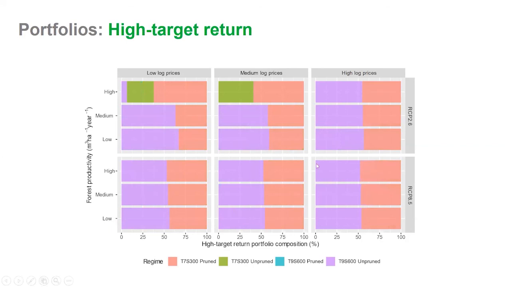And in this case, we start to see the presence of the T7S300 prune regime, which is, according to the data that we used, associated with the highest returns, but also with the highest risks, okay? So here we have just 2 examples of our portfolios. Okay, and with that, let me move into the conclusions and future research directions.